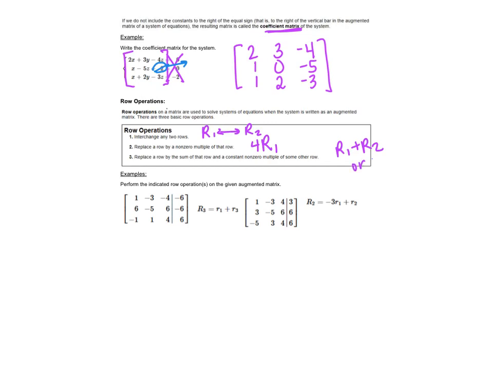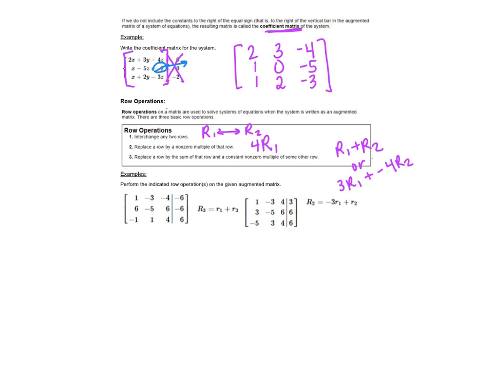Or I could have, let's say, 3 times row 1 plus -4 times row 2. So I could look at not only adding them, but multiplying before I add them. Those are all the different row operations that we want to look at, and they're really important when we start to solve using matrices.